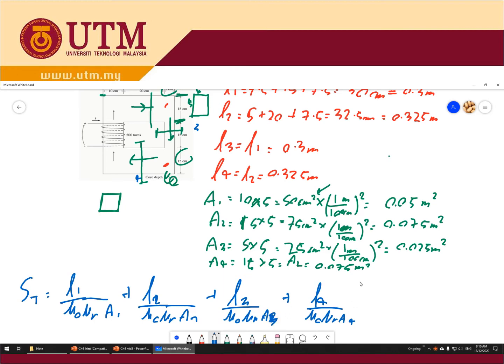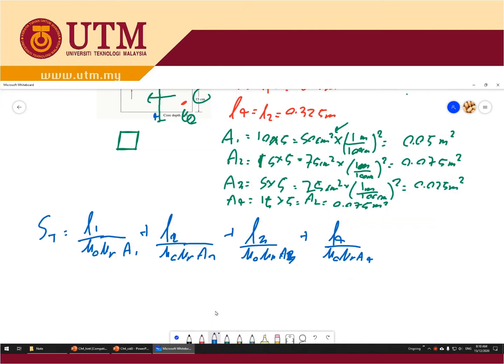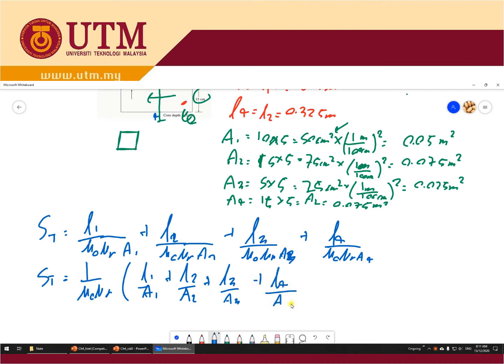Okay, because it is the same material, it is easier for you just to group them together, because mu naught and mu R are the same. So S total is equal to 1 over mu naught mu R times L1 over A1 plus L2 over A2 plus L3 divided by A3, and lastly L4 divided by A4.